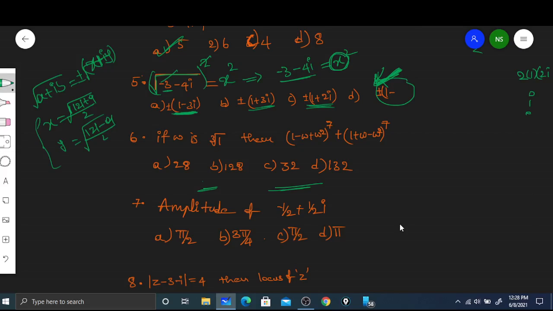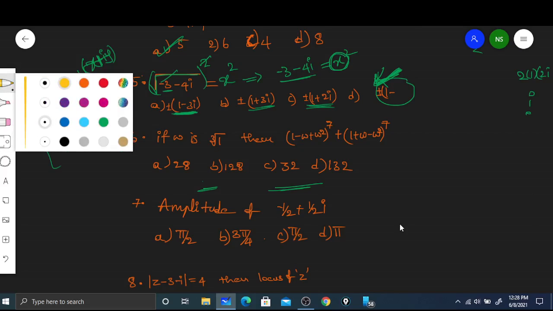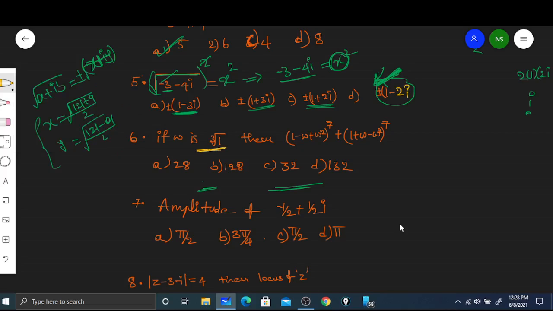Okay, we want to find this. We know that 1 plus omega plus omega square is equal to 0, and omega cube is equal to 1. Now how can we simplify this?